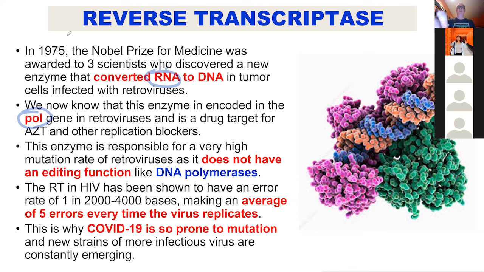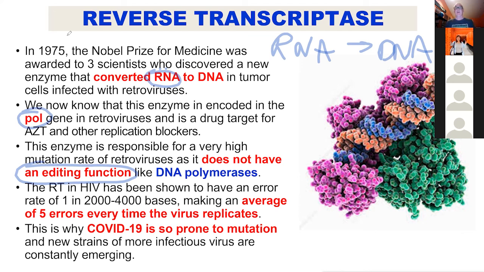Not only is it the only enzyme that takes RNA and turns it into DNA, it also doesn't have an editing function. DNA polymerases have an editing function. So not only can they go 5' to 3', they can also cut out 3' to 5'.